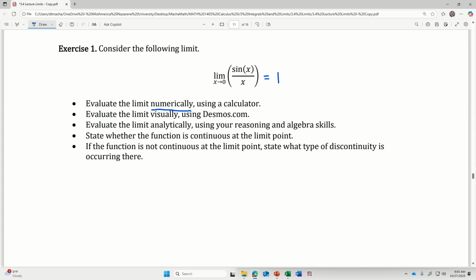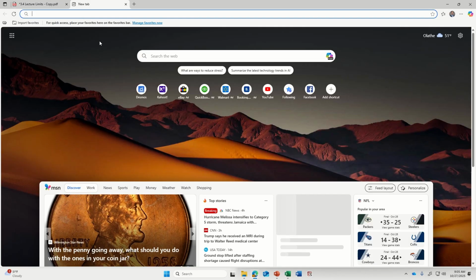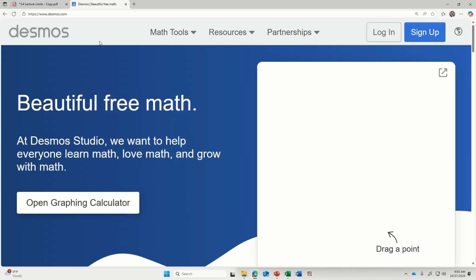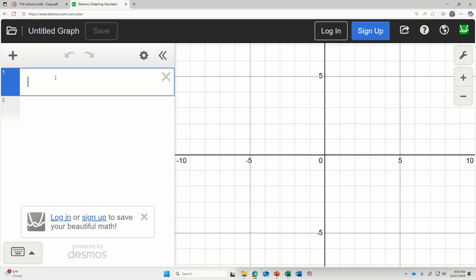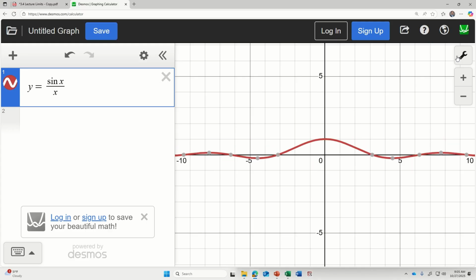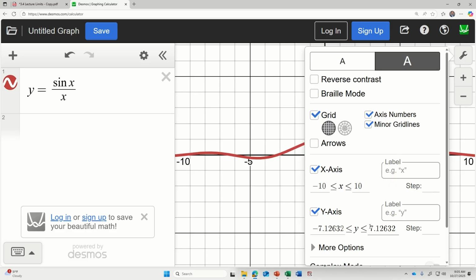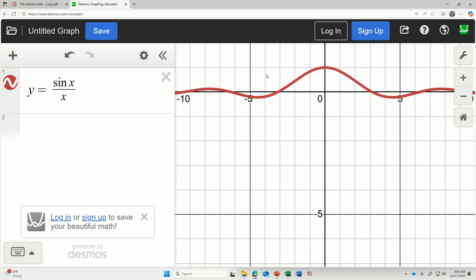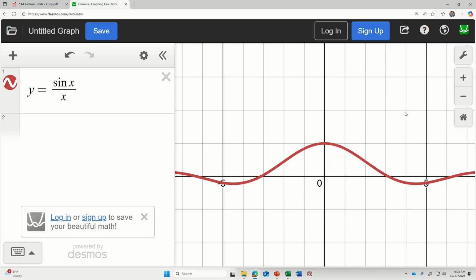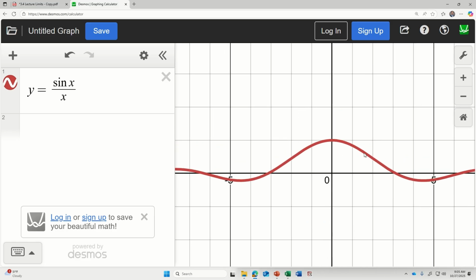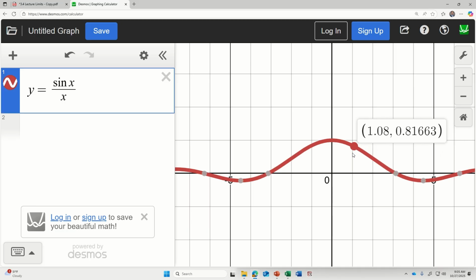Let's graph it visually. Sine of x divided by x. It's one of my favorite graphs because I think it just looks really nice. I'll make the y-axis a little bit taller. And sure enough, as we approach 0, it looks like this function should have a value of 1.